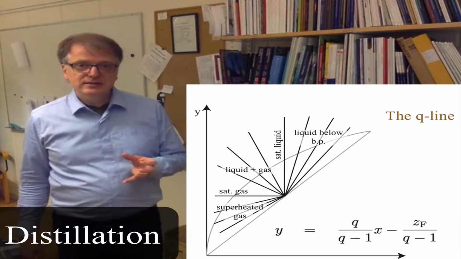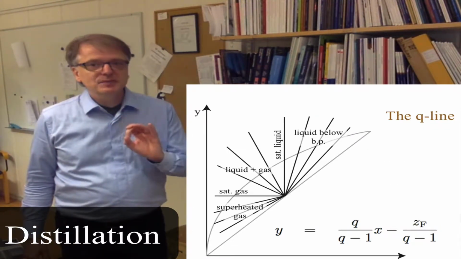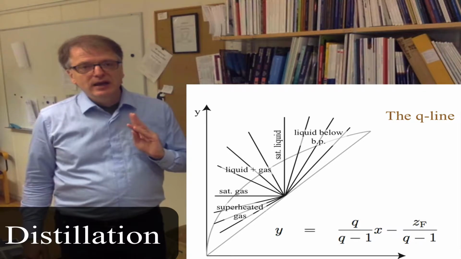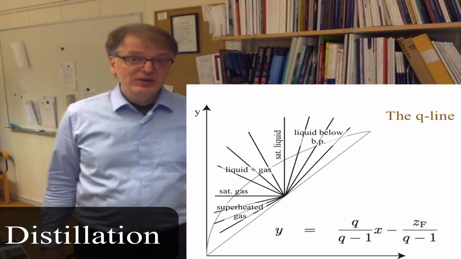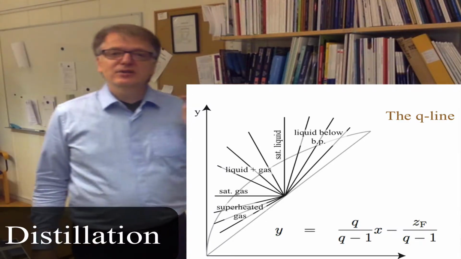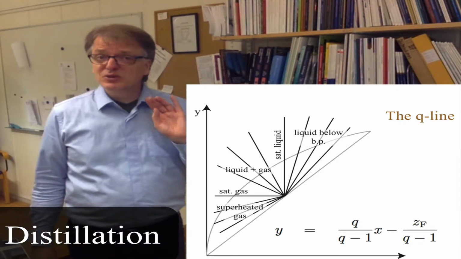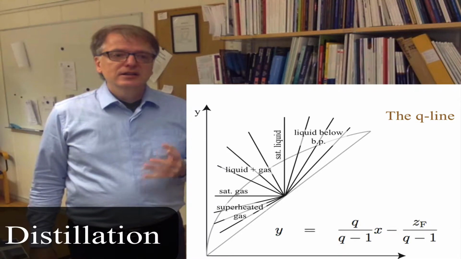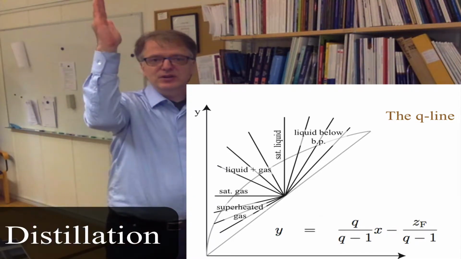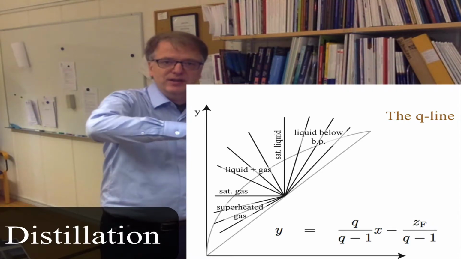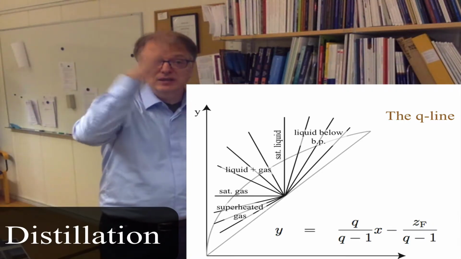The Q line, as I said, is a combination of a mass balance and an energy balance. And we have this equation. You don't need to be able to derive this equation, but you need to understand how to use it, to understand what Q is. In our course, we limit ourselves to situations where you have saturated liquid or saturated gas or something in between.